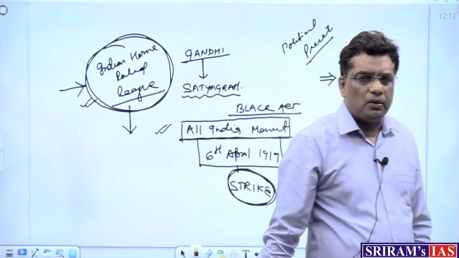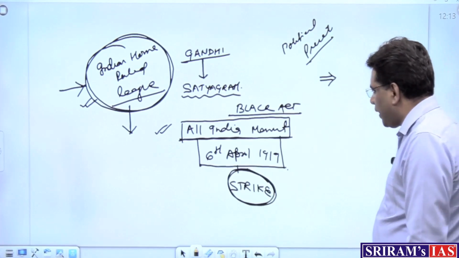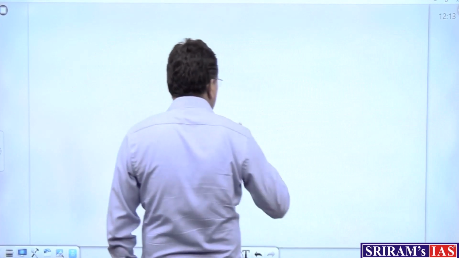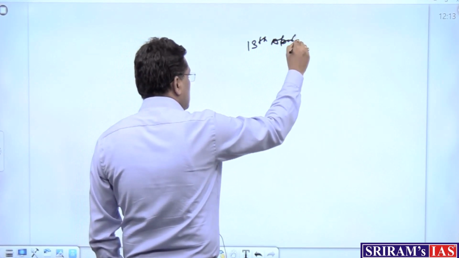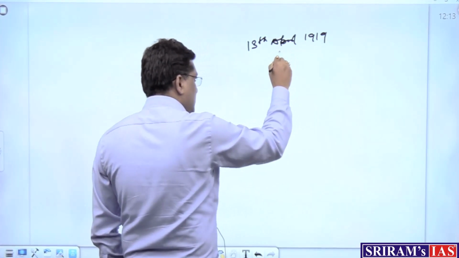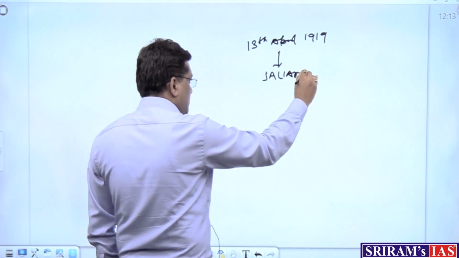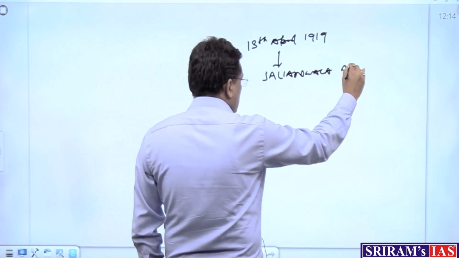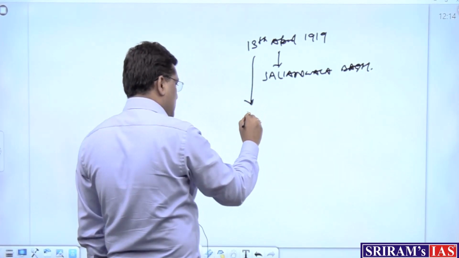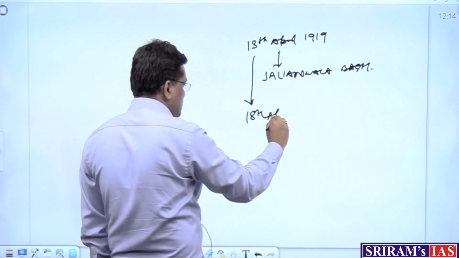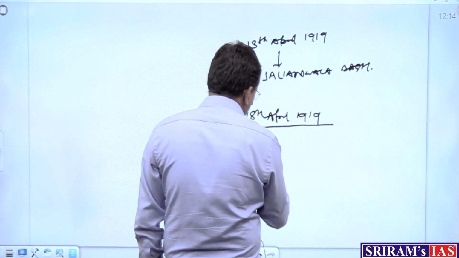There was stray violence at many places, and the worst violence was on 13th April 1919 at Jallianwala Bagh. Therefore, Gandhi waited for a few days, and on 18th April 1919, he decided to take back the Rowlatt Satyagraha.